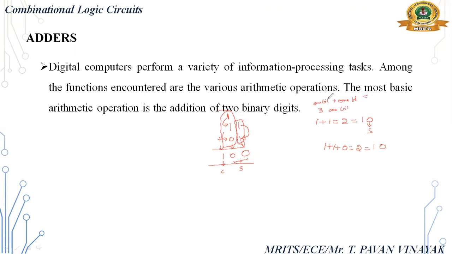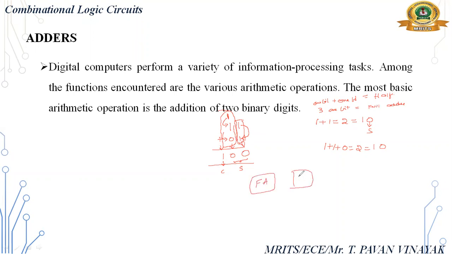So addition of two 1-bit numbers is called a half adder. Addition of three 1-bit numbers is a full adder. This is the half adder, and this is the full adder.